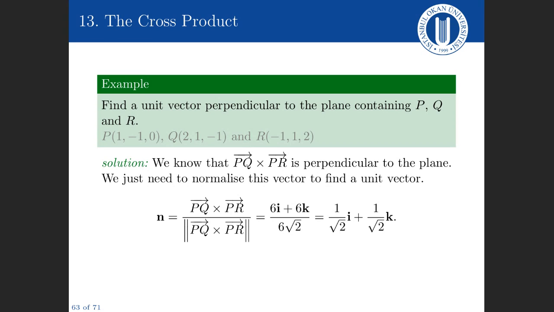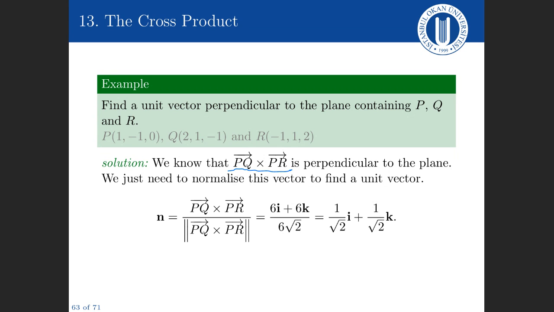Find a unit vector perpendicular to the plane containing P, Q, and R. Exactly the same P, Q, and R as before. We've already found a vector PQ cross PR, which is perpendicular to this plane. Now we need to find a unit vector which points in the same direction as PQ cross PR.